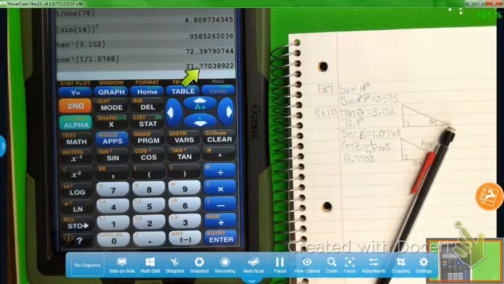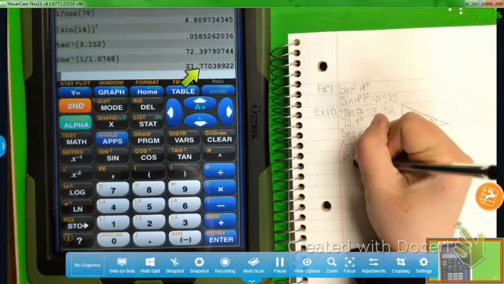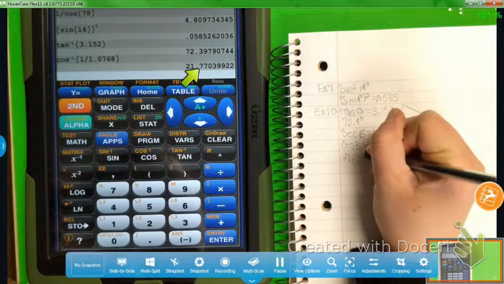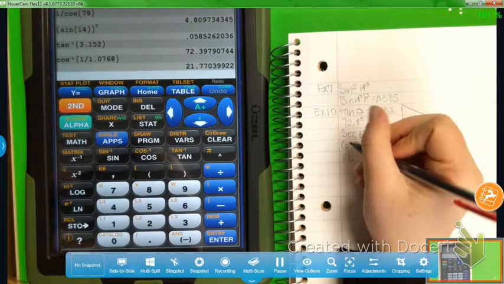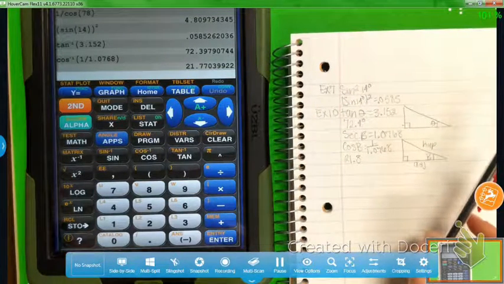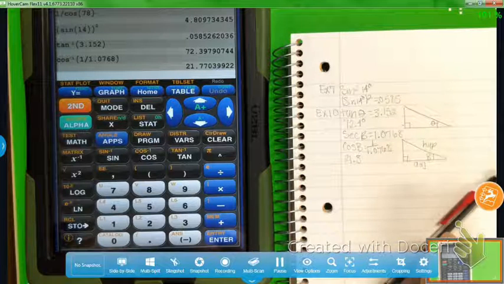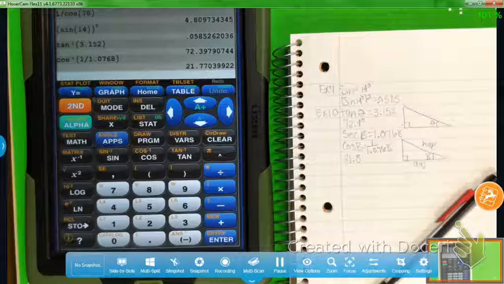Let's just round it to the nearest tenth, 21.8. Okay, and that's pretty much everything you have to type in the calculator. There is a, let's see, yeah, let's talk a little bit.